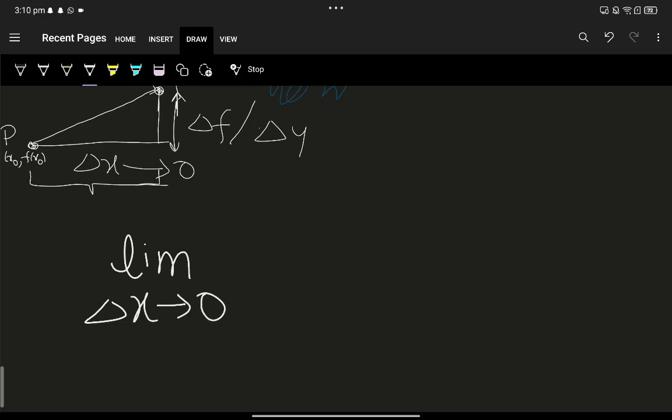One thing to notice over here, delta x can also be represented as h. In some cases you will say limit as h approaches 0. So this change will be h, and you can say h approaches 0. So it will be limit as h approaches 0 of delta f upon delta x.